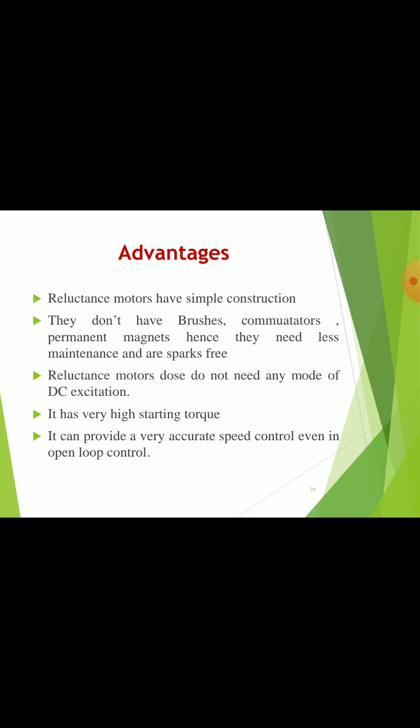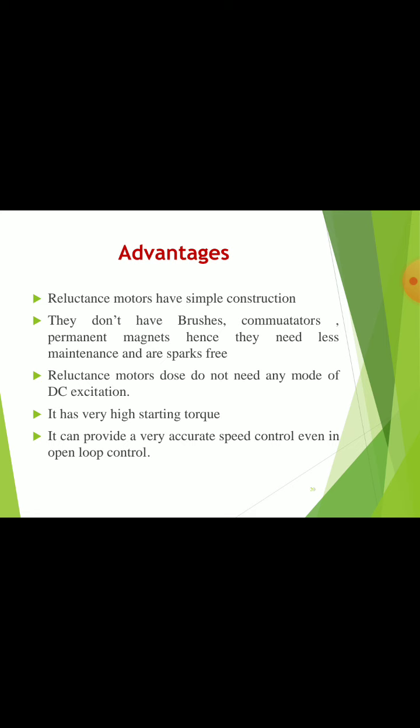Reluctance motors do not need any DC excitation. In a synchronous motor we have to provide DC excitation in the rotor, but in the reluctance motor there is no need of any DC excitation.